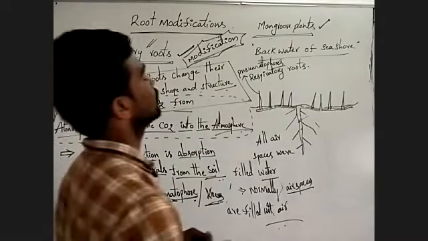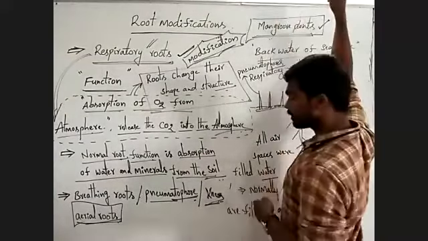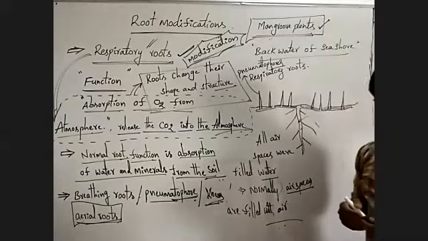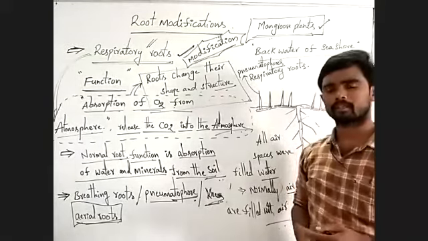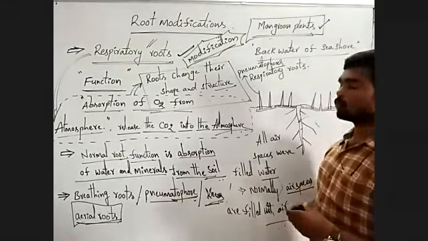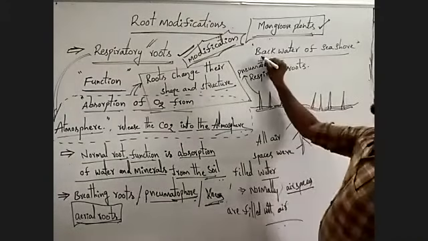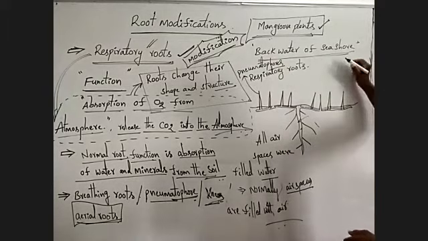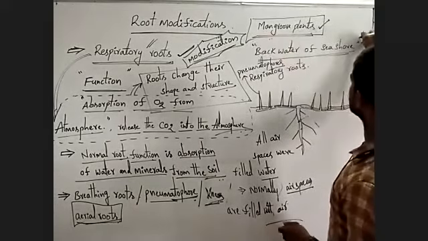Here, mangrove plants. What are mangrove plants? These are grown in the areas where rivers meet the ocean or sea, the backwater of seashore.